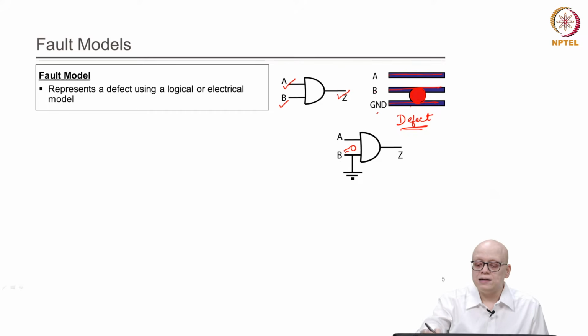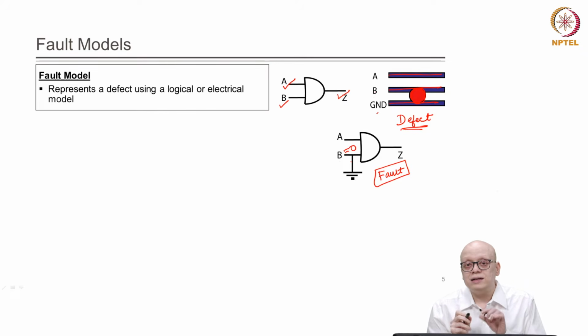This is a representation of a defect, and this is known as a fault. Defect is a physical phenomenon which is observed on the layout or on the die, and we are representing that defect in a circuit model using a fault model, right. So, this is what a fault model is.